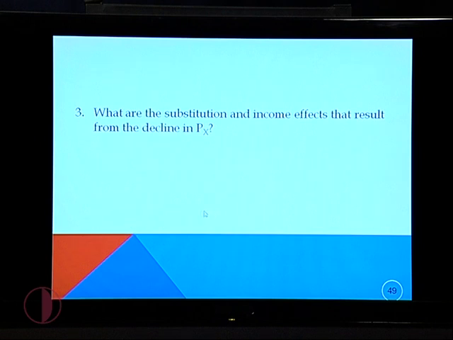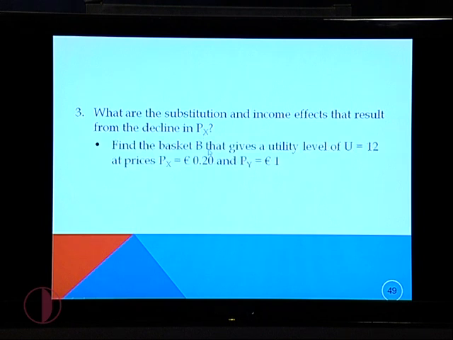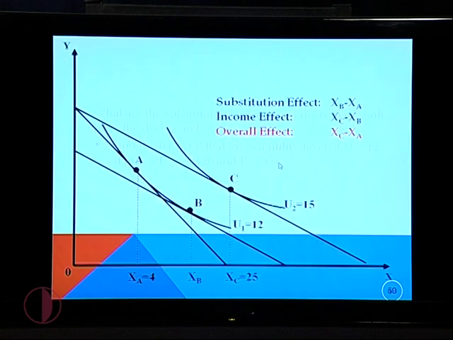What are the substitution and income effects for the given example for Px? Find the basket B that gives the utility of 12 at price 0.20 and Py of 1.